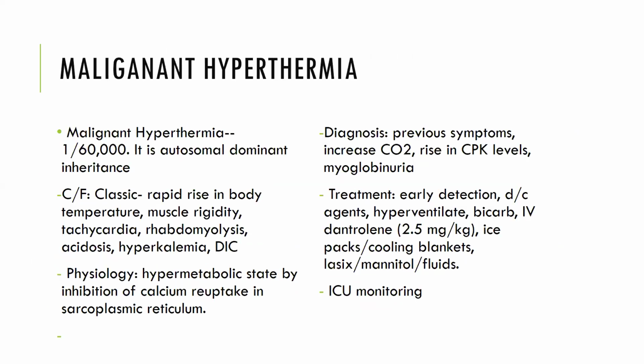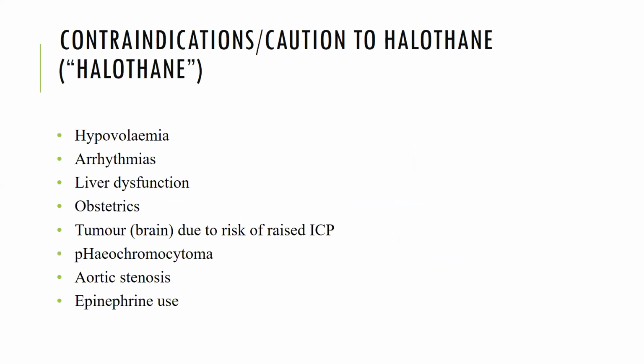Okay, this is just the follow-up on malignant hyperthermia. So, contraindications or caution to halothane. These are things that should be at our fingertips. So I try to make it a mnemonic: Halothane. So hypovolemia, arrhythmias, liver dysfunction, obstetric patients.